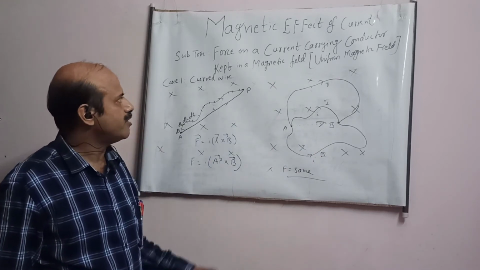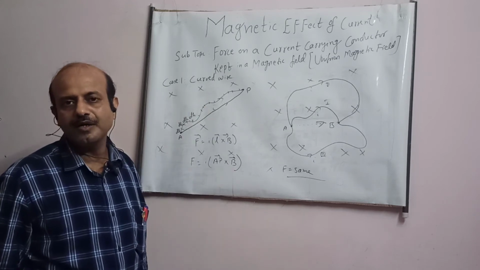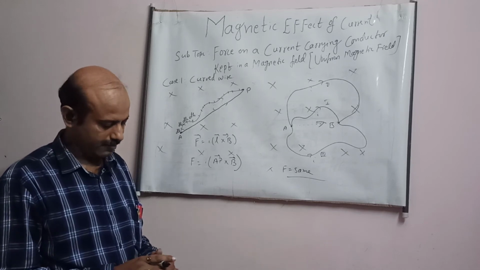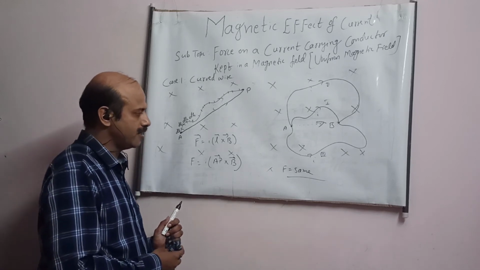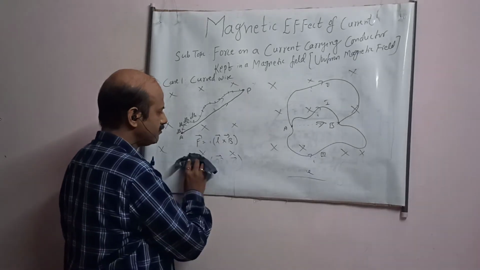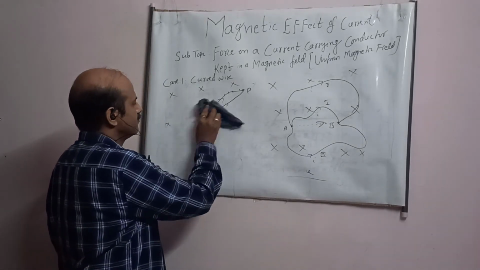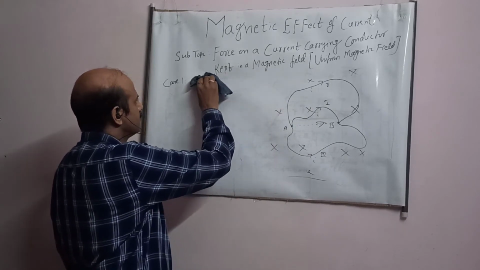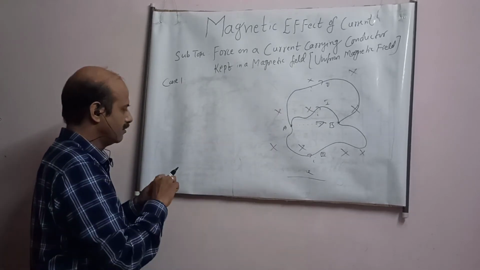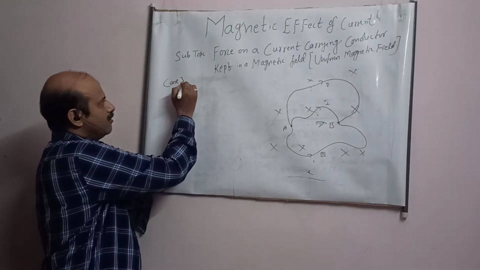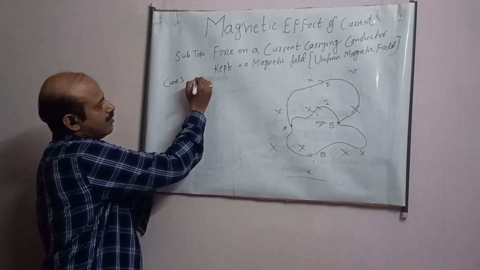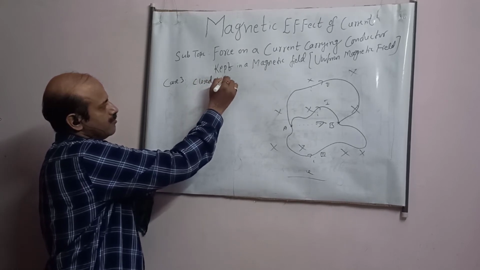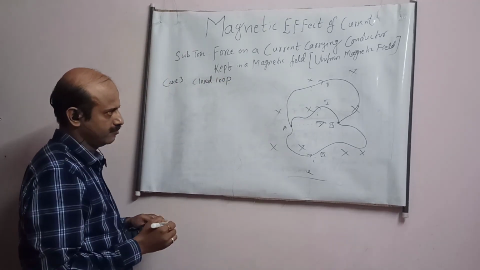So this is the method, student, the second case, of how to find out the force on a curved wire. Now let's do the third case. Third case, student, it is a closed loop. Okay, student.